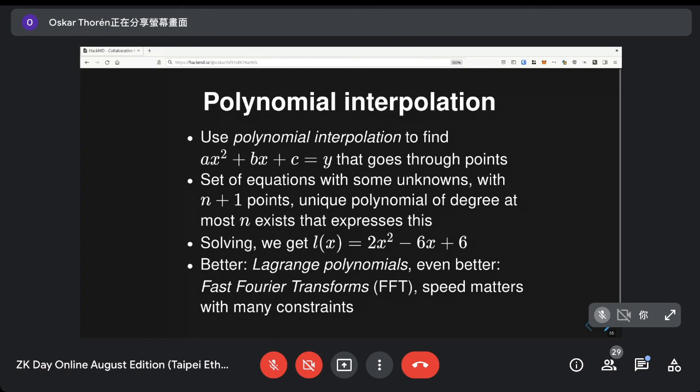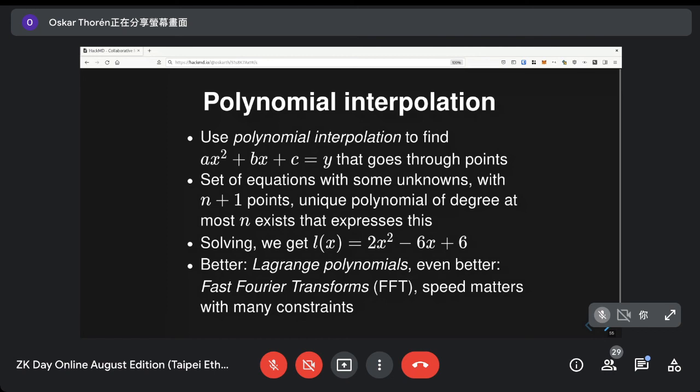That means there exists a polynomial of at most n, so 2 in this case, degrees that expresses this. Then we solve for A, B, and C, and we get the operand polynomial: L of x equals 2 times x to the power 2 minus 6x plus 6.